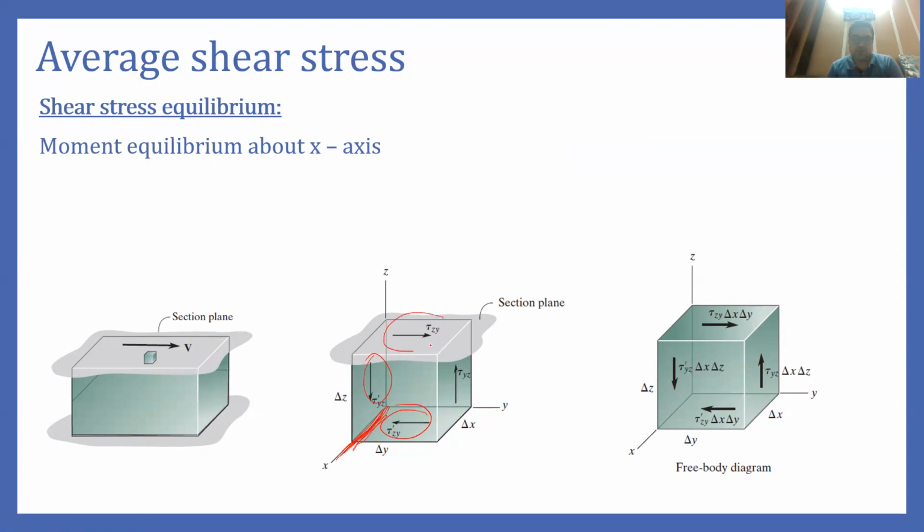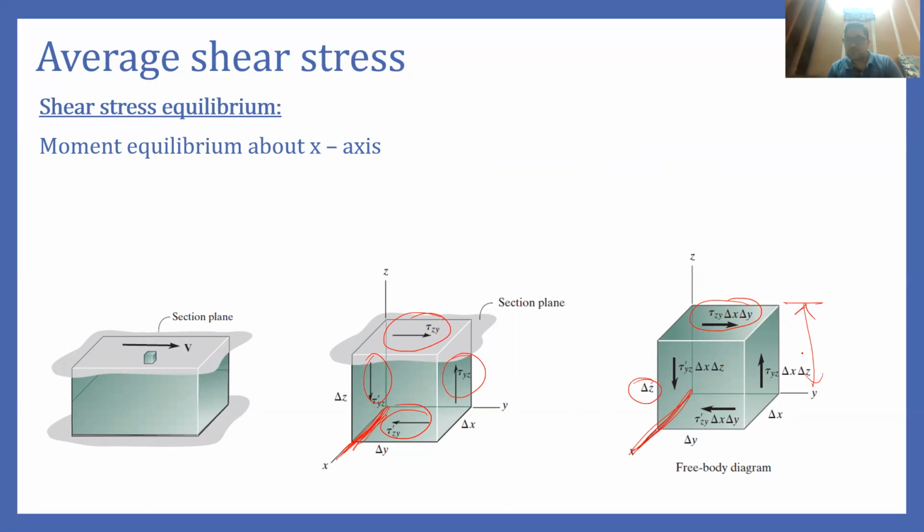But the moment of this force and the moment of this force will have some magnitude. The moment of this force about the x-axis will be this multiplied by the perpendicular distance. The distance of this force from the x-axis is delta z.